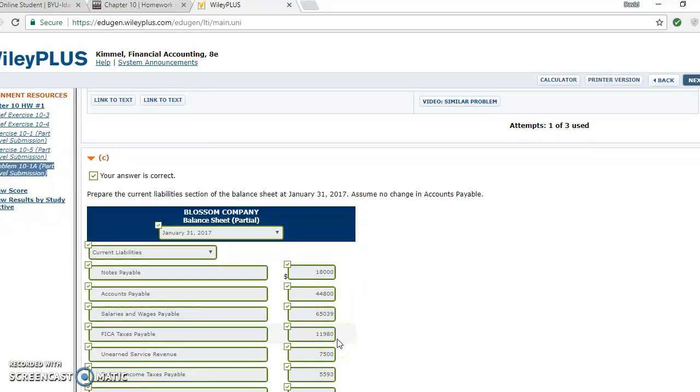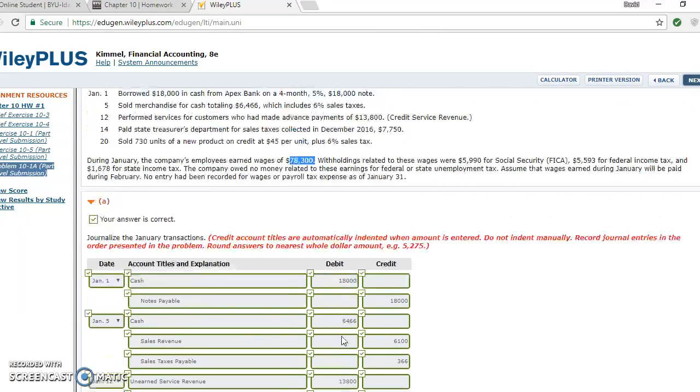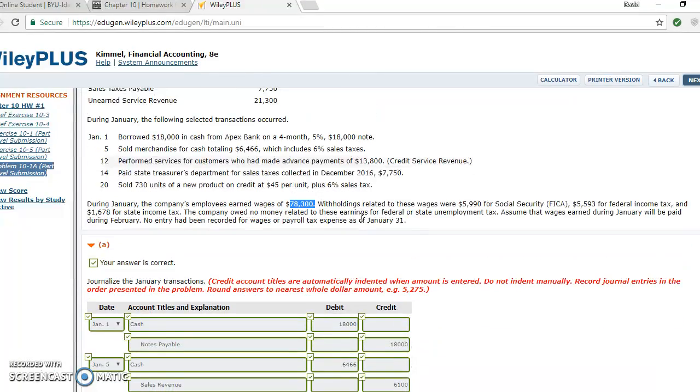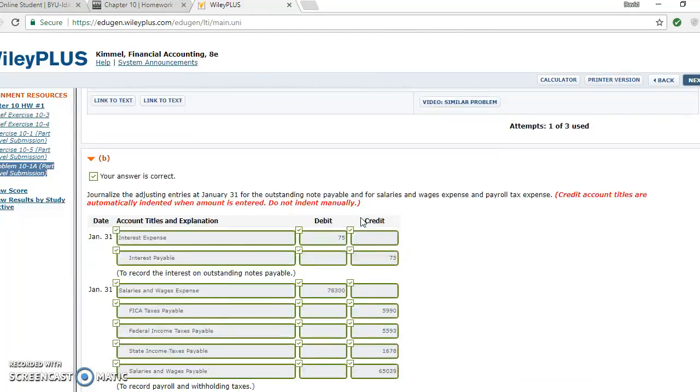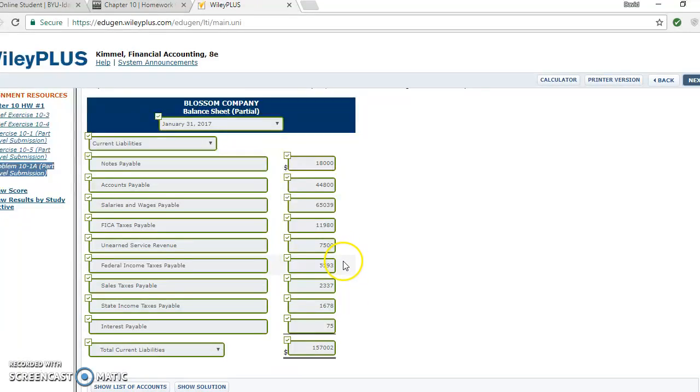Now for the unearned service revenue, we start back up with the amount that we had in the beginning of the year, which is this 21,300, and we subtract what we reduced it by on January 12th, where there was 13,800 where the services were performed, and that's where we get the amount of $7,500. And then the federal income tax payable, we had that from the earlier amount.